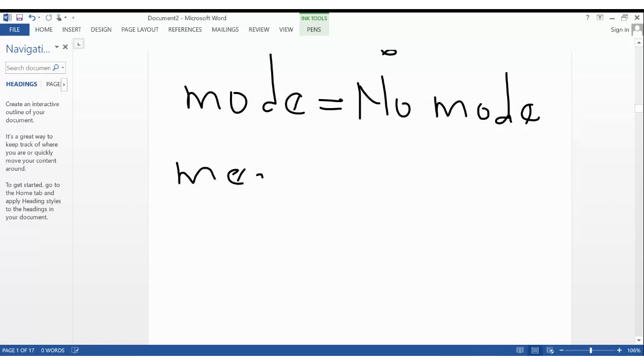So let's go now to the median. Let's arrange our numbers again in ascending order.